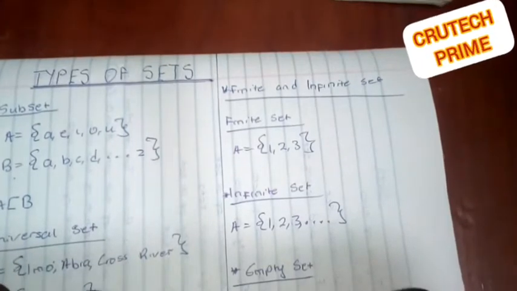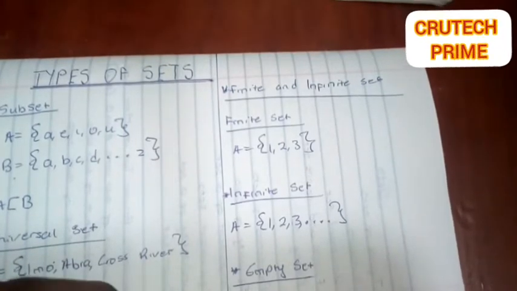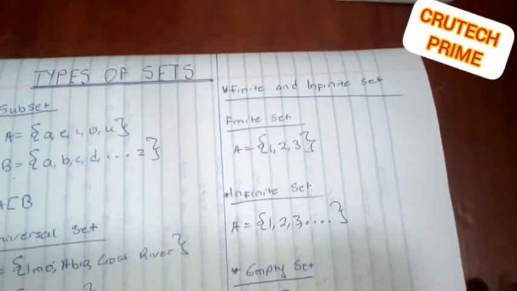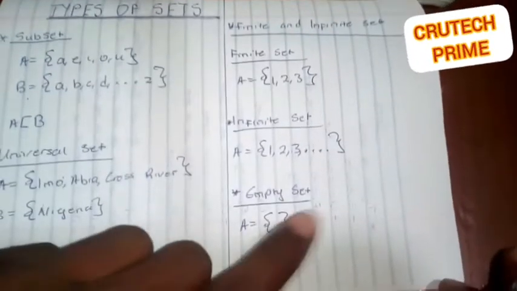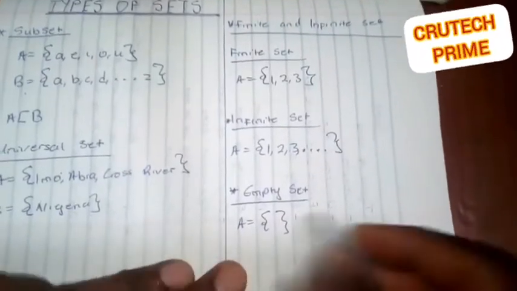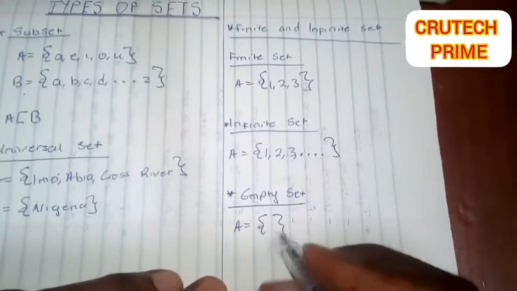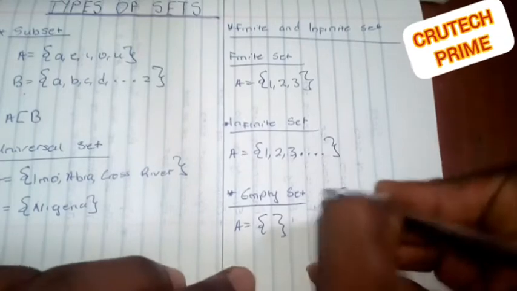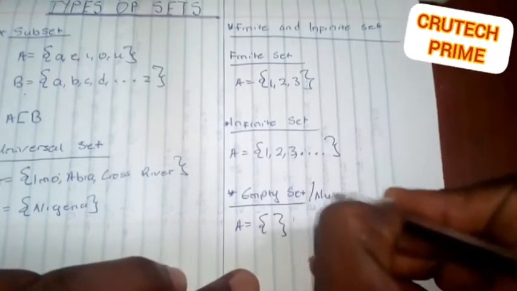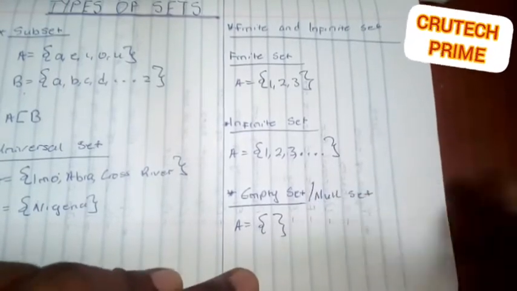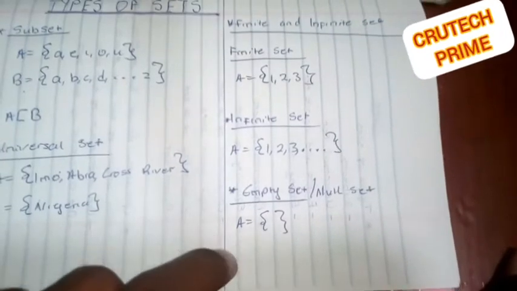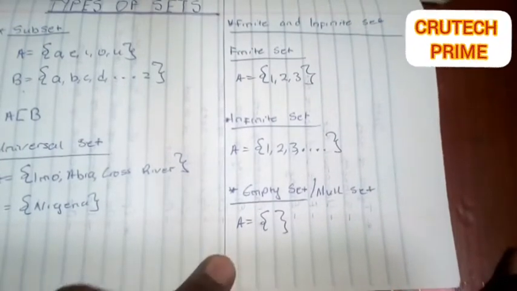For example, A equals no elements. This is called an empty set, or you can call it a null set. So any set that has no element in it is called an empty set.